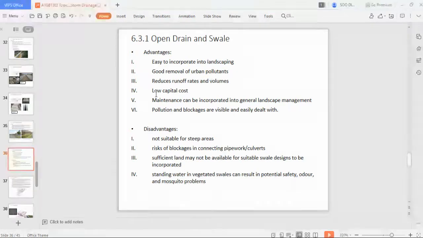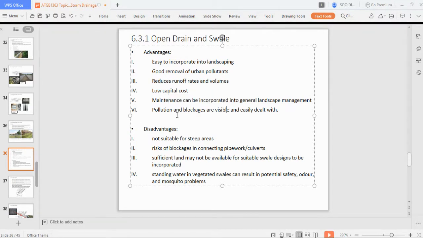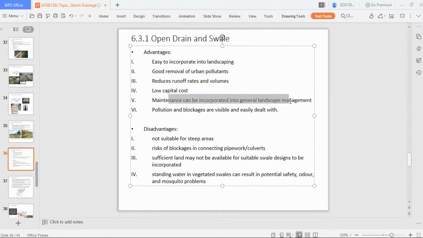It's also low capital because we just need to use a machine to dig the hole, and then we just plant vegetation on it, grass. But we have maintenance. We need to maintain this swale because it's made of vegetation. But one of the advantages is that we can incorporate it into landscaping management.